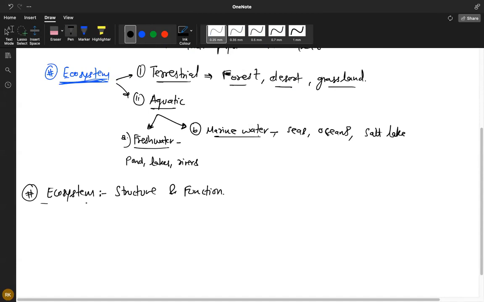So what are the major components of an ecosystem, regardless of which ecosystem you take up, whether a forest, a desert, a grassland, pond, or lake? What components will you always find in every ecosystem?